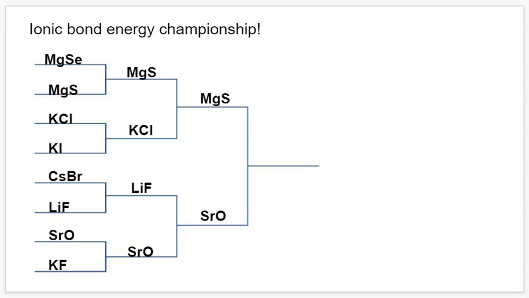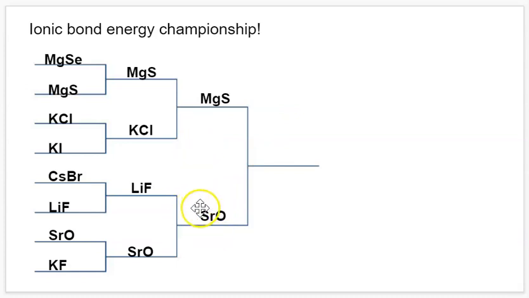So our final bracket is magnesium sulfide versus strontium oxide. This is going to be kind of tricky to consider, since we have a +2 on both of our cations and a -2 on both of our anions. The cation is going to be really big.